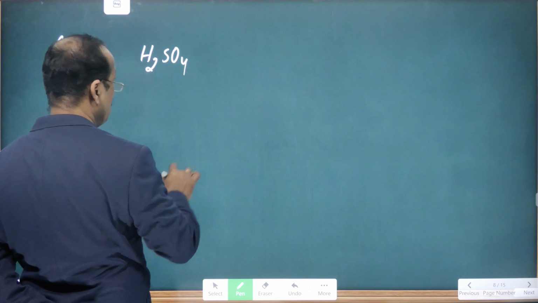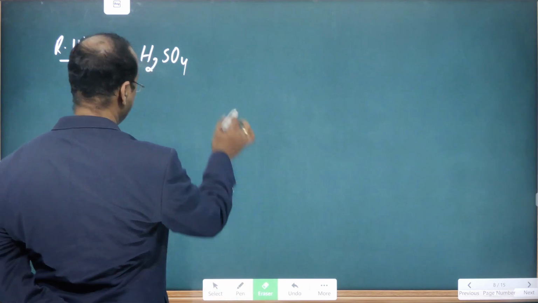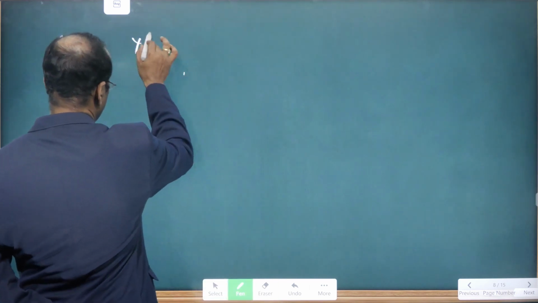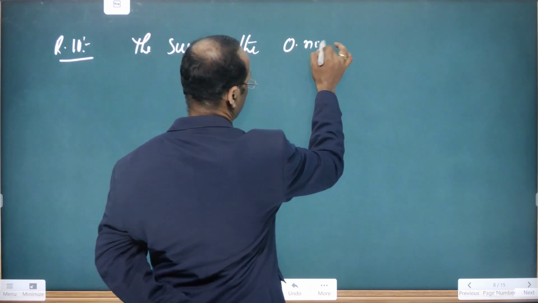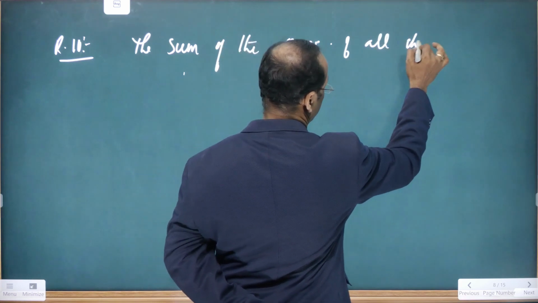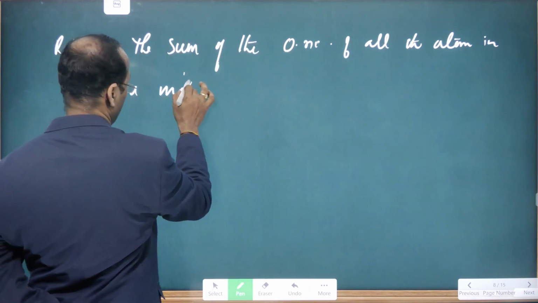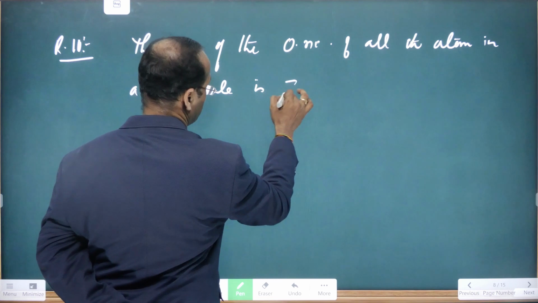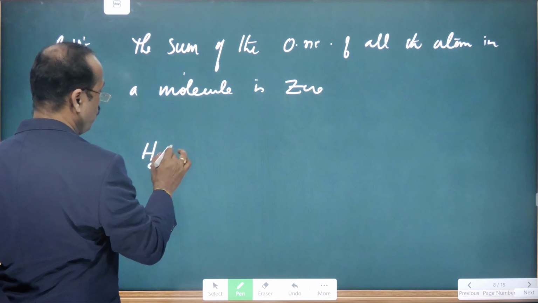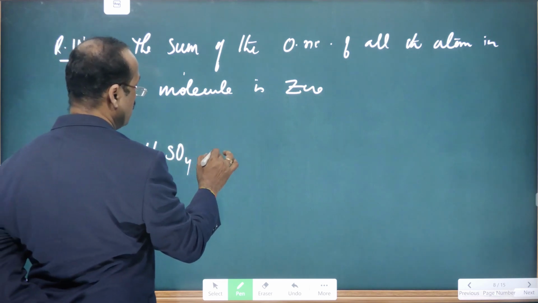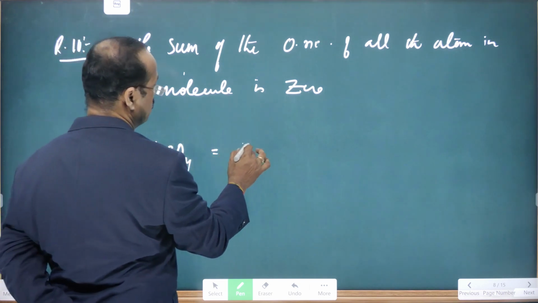H2SO4. So what is the sum of the oxidation numbers? Sum means addition. The sum of the oxidation numbers of all the atoms in a molecule is 0. For example, H2SO4: the total oxidation number of all these elements is 0.